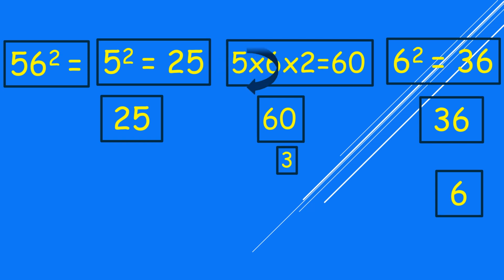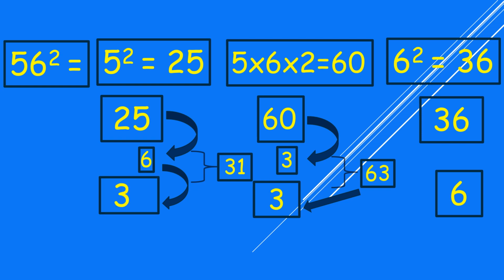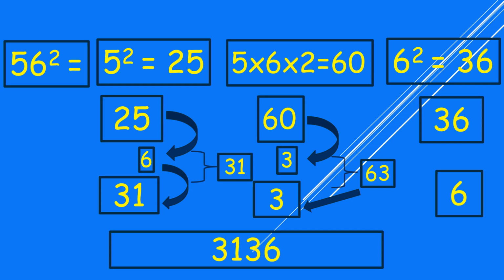But we can only retain one digit, so we carry over 6 and retain 3. We carry over 6 to 25, and 25 plus 6 is 31. So the total value of 56 squared is 3136.